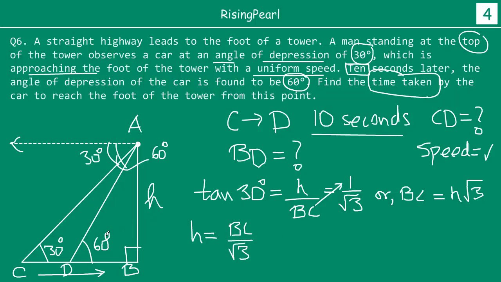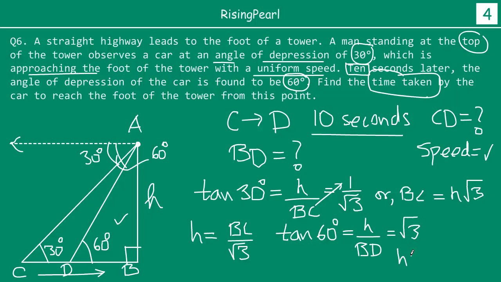Now if you look at the smaller triangle, this time tan 60 degrees is equal to h divided by BD. Now tan 60 is square root 3.